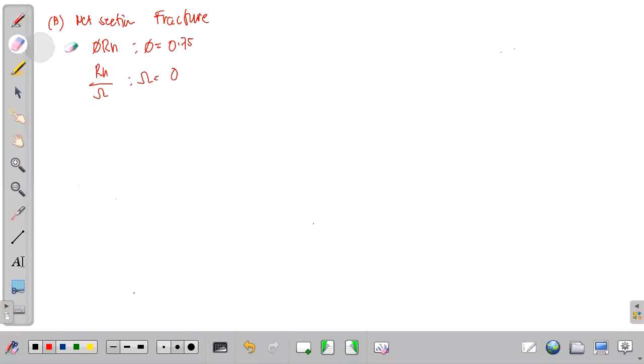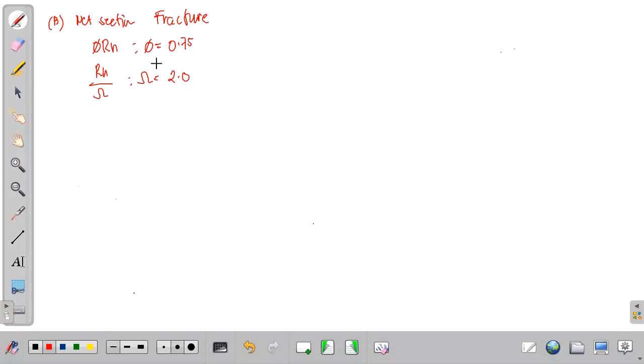What? 0.2 or 2.0? We have 2.0 pala. We have 2.0. Okay? That will be now our values for our factors for the net section.